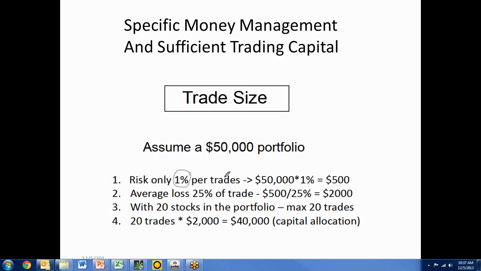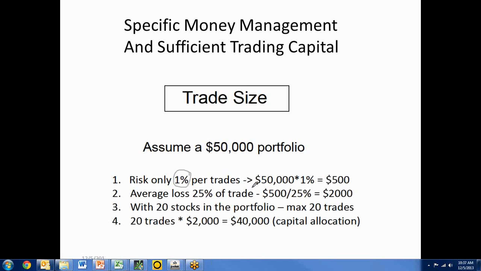And if you only risk a small percent of your portfolio for any trade, you're going to stay in the game long enough that if you have a sound, robust strategy, the time will allow it to work if you have a small portion of your portfolio on.